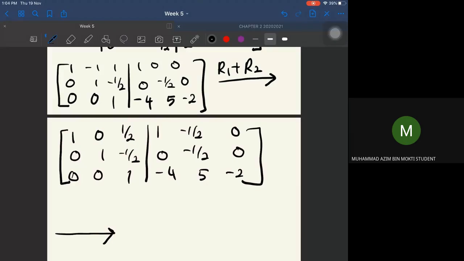So row yang kita nak ubah adalah row yang pertama. Lepas tu apa dia jadi? Sebab saya nak equation je, saya bukan nak jawapan pun. So apa akan jadi pada ni?